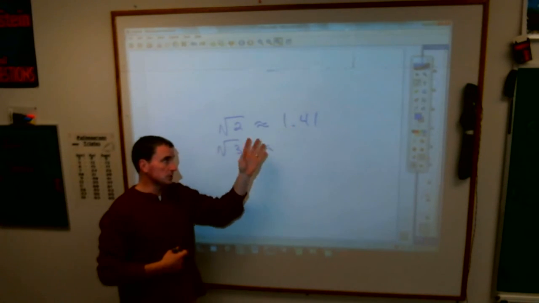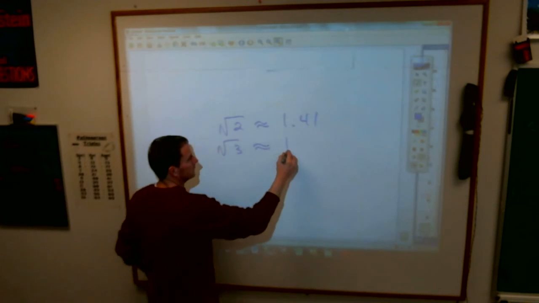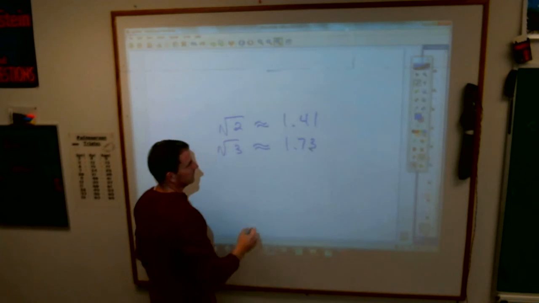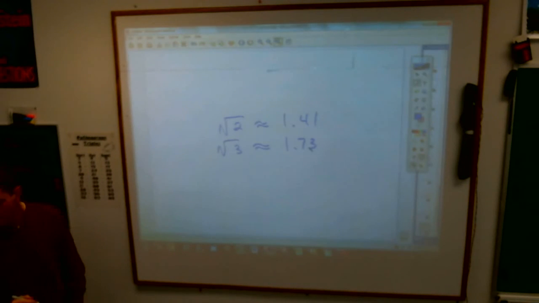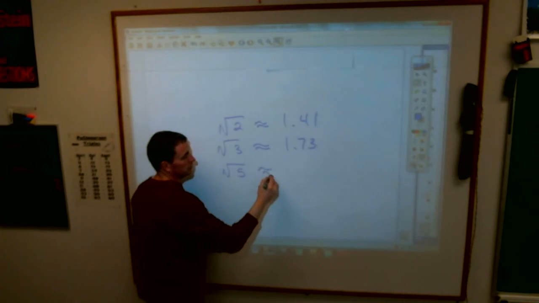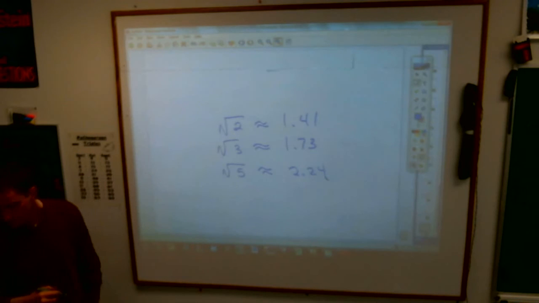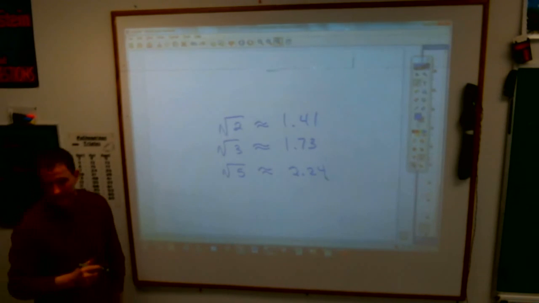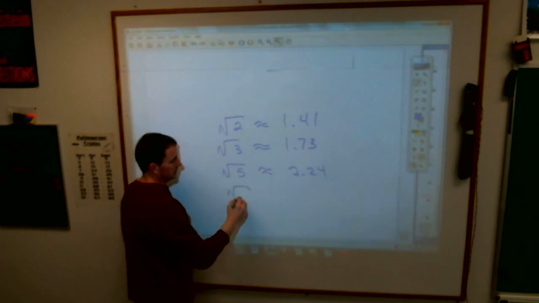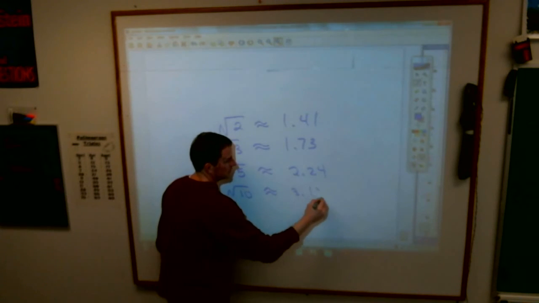It's what it's close to. It's not exact, but it's close enough for government work, especially our government. 1.73. The square root of 5 is close to 2.24, and the square root of 10 is close to 3.16.